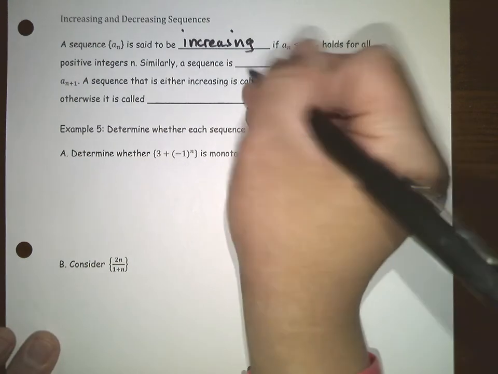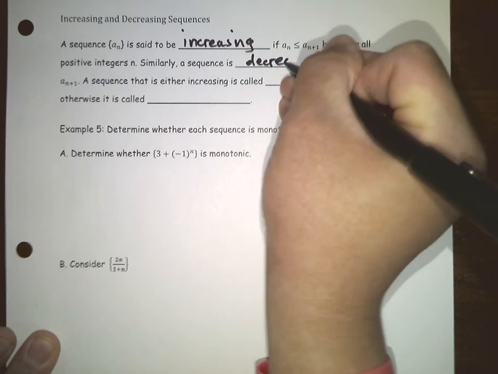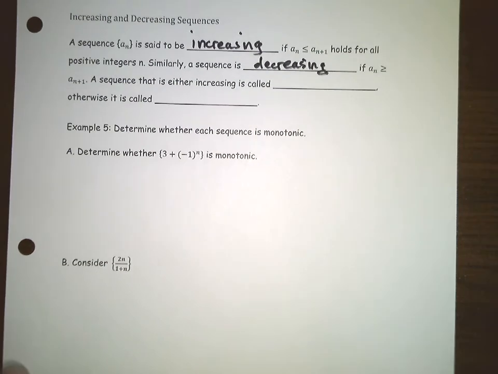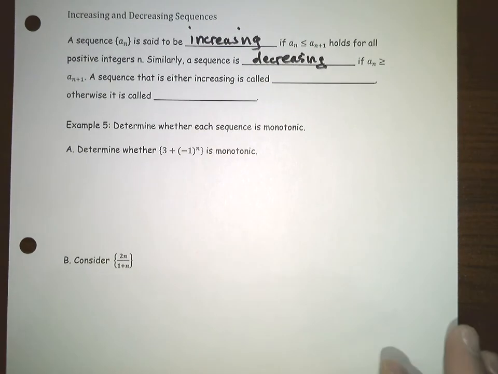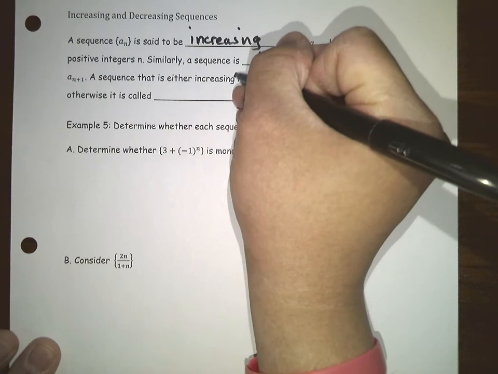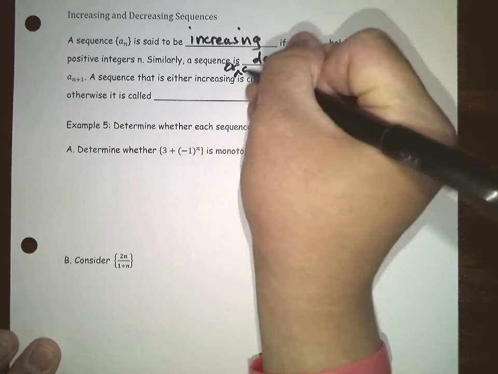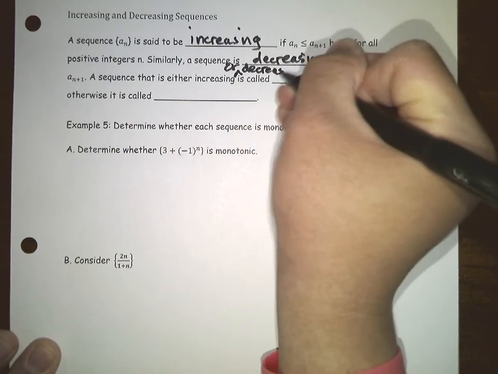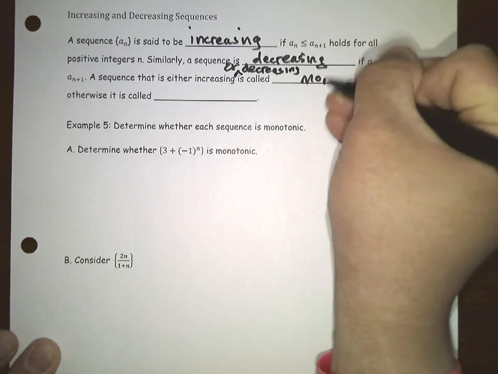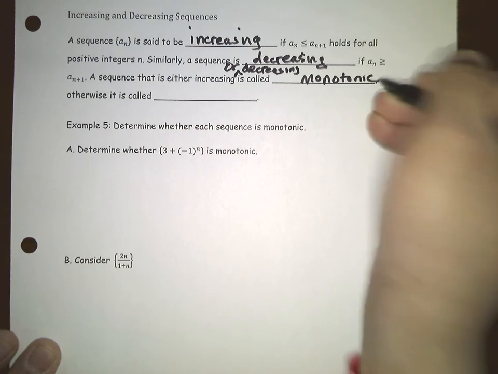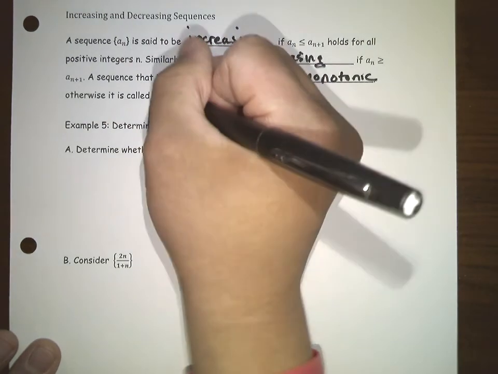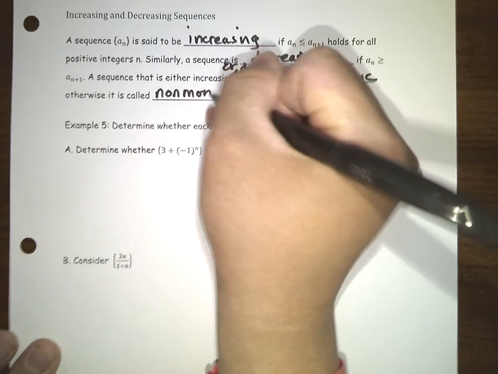And similarly, a sequence is decreasing if a sub n is greater than or equal to a sub n plus 1. A sequence that is either increasing or decreasing is called monotonic, and otherwise it is called non-monotonic.